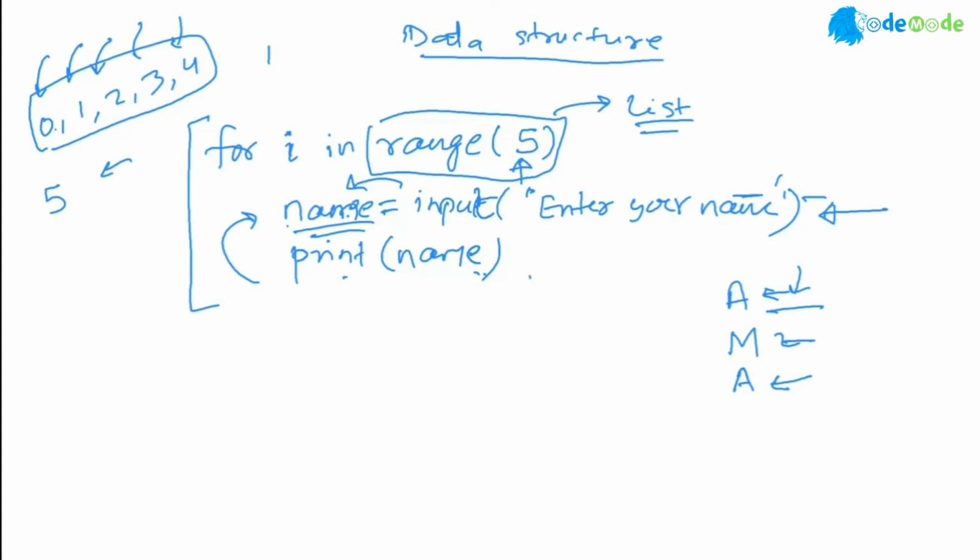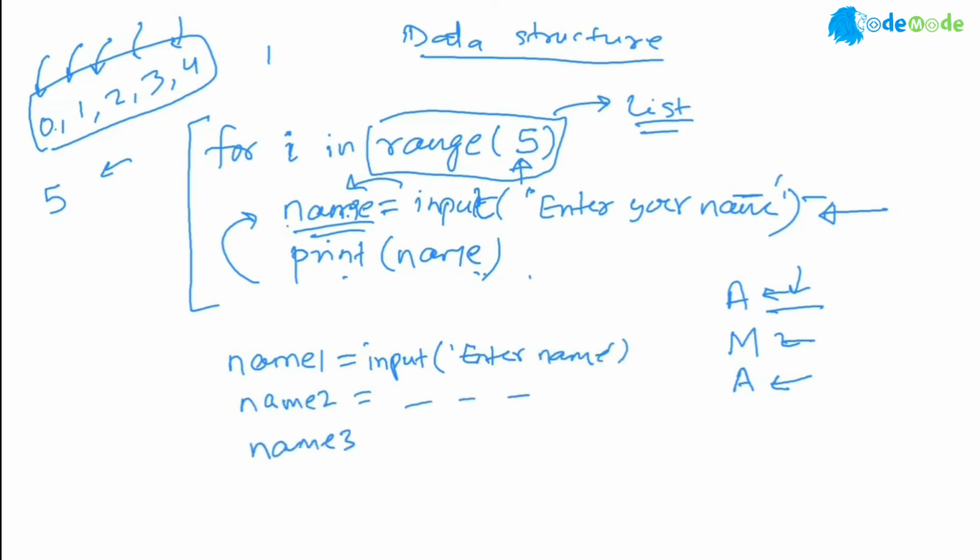So the second possibility is, rather than writing this, we can say name1 equal to input, enter name. Then we'll say name2, same thing. Name3, same thing. Rather than using a loop, we can use individual variables. The problem is, number one, we are fixing it to 5.